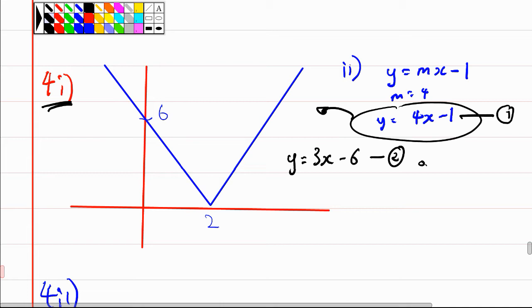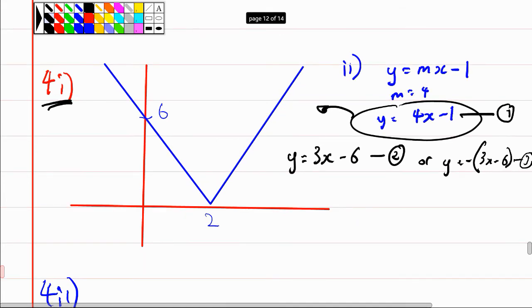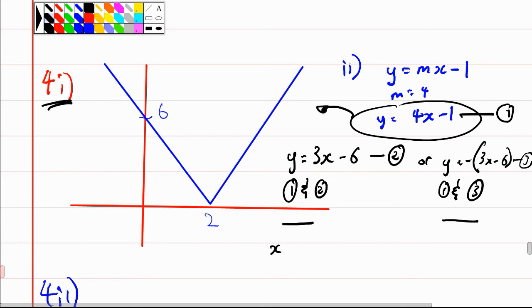Or y equals minus 3x plus 6, equation 3. So 1 and 2 will have one answer, 1 and 3 will have one answer. You follow? So x will be -5, x will be 7. Is that correct?